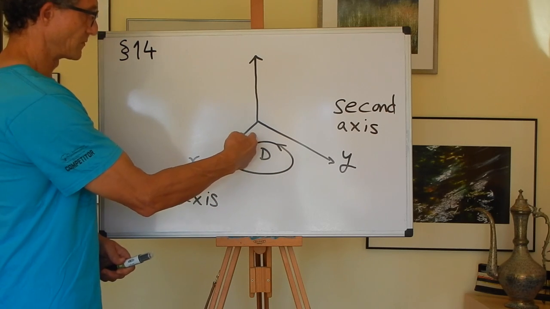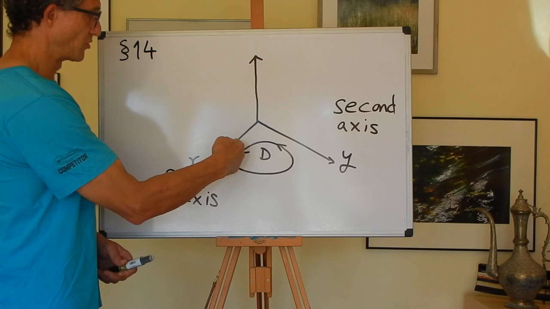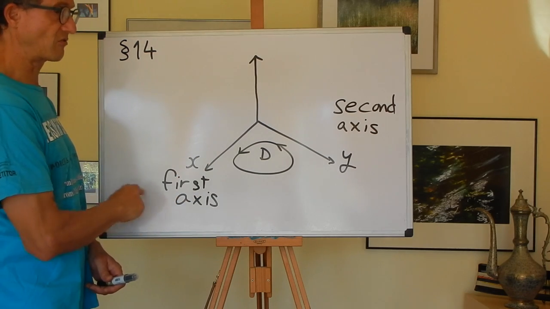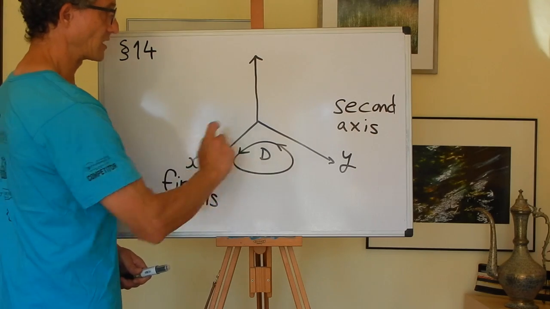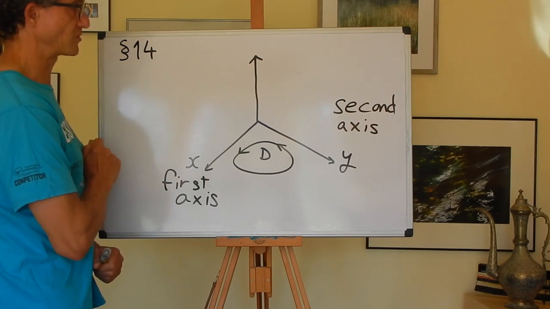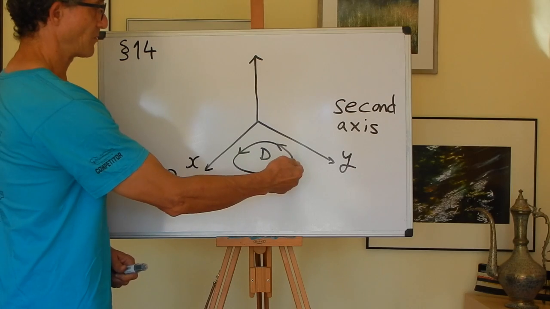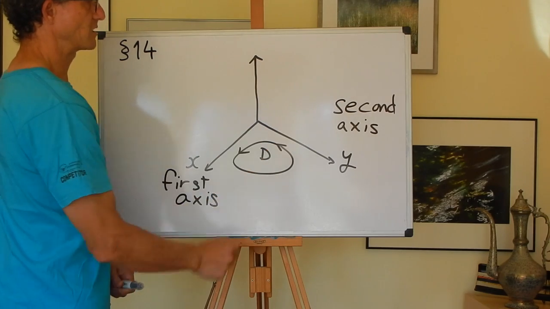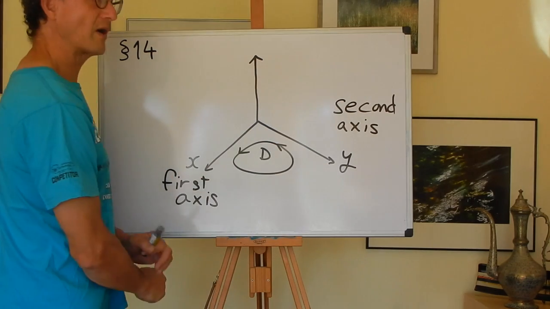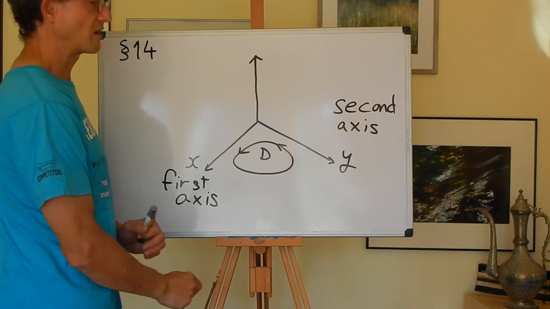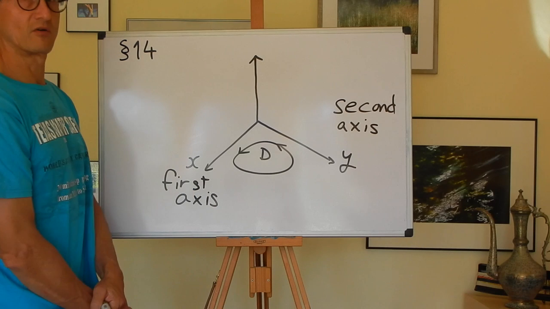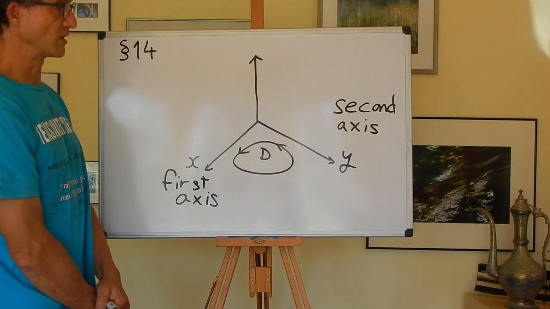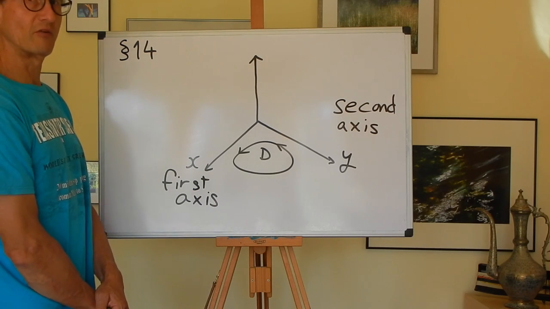The path moves along the first axis, and that gives us the derivative of the second component of the vector with respect to the first axis. And the path is in the opposite direction to the direction of the y-axis, the second axis. And so we get minus the derivative with respect to y of the first component of the vector field. That's what goes into Green's theorem.